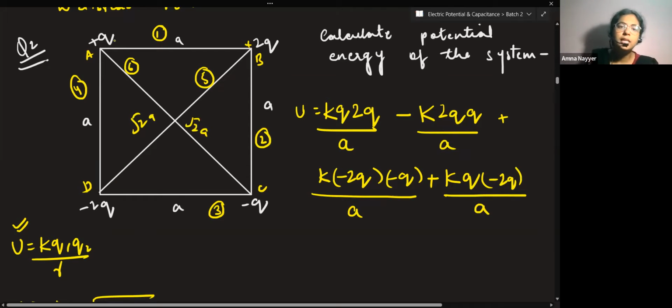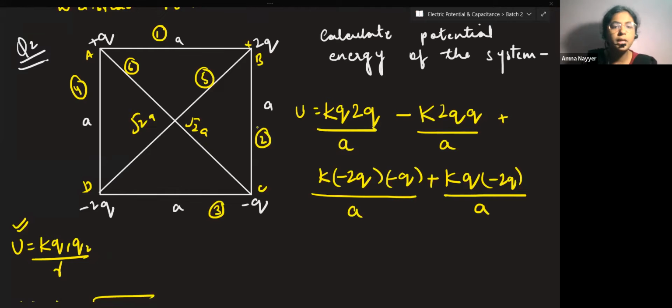Now, yes, Atif. Your answer is right. This will be the answer. Correct. The total answer Atif has answered. All right, Krishna. What will be U5?